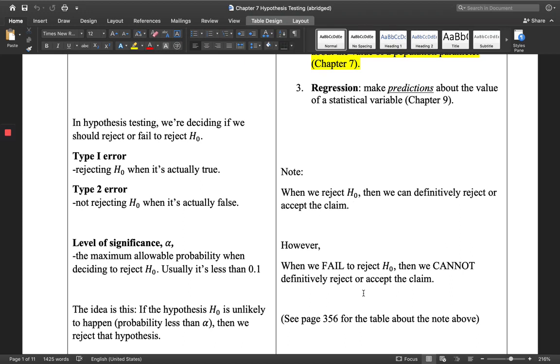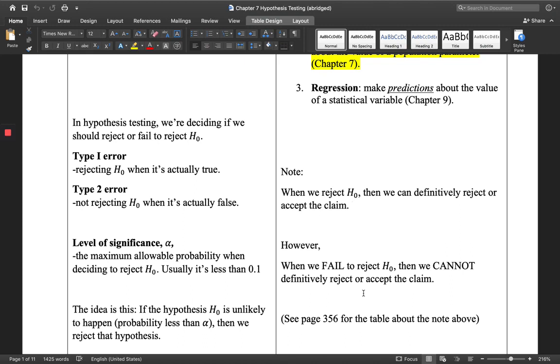Someone's presumed innocent, right? And if you prove they're guilty, then they're guilty. But if you do not prove they're guilty, that doesn't mean they aren't guilty. They might actually be guilty, but you just haven't proven it, right? So you fail to prove guilt. It's kind of the same concept here. We fail to reject, but that doesn't mean it shouldn't be rejected.